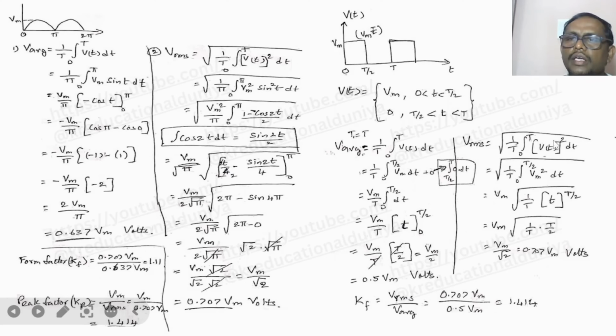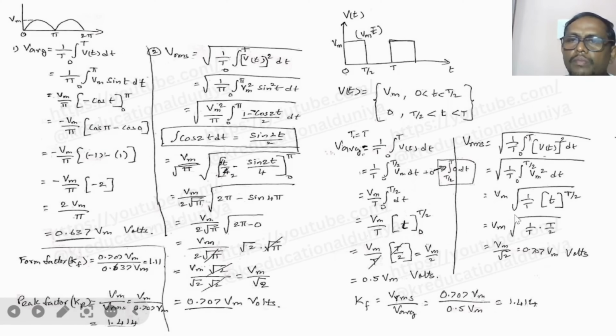And Vrms equal to under root 1 by T integral 0 to T of V of t whole square dt. So 1 by T 0 to T by 2, now I am applying 0 to T by 2 Vm square dt plus integral T by 2 to T 0 into dt. Anyway, the term will become 0, so I am not writing that.